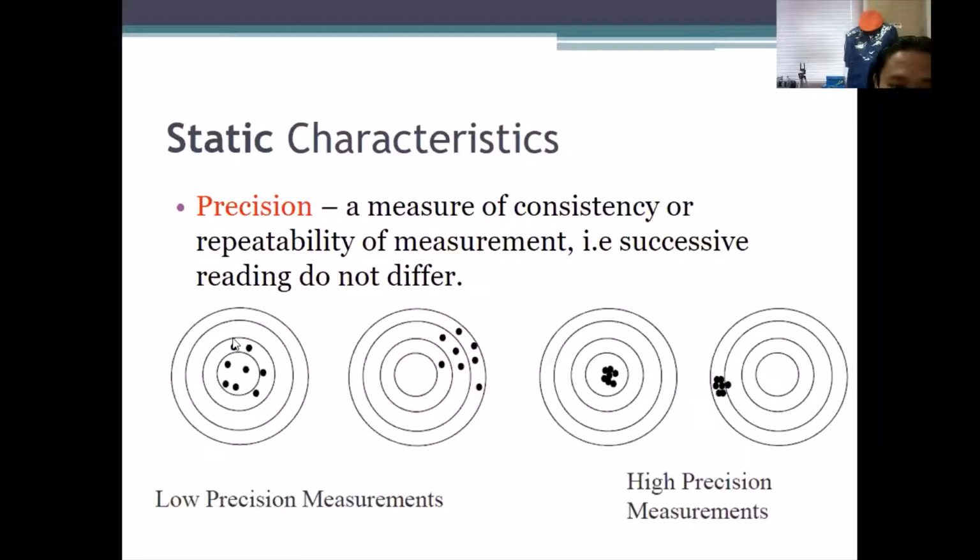This we call low precision. For example, we use the digital multimeter to measure the battery. Our measurement is 15.08.